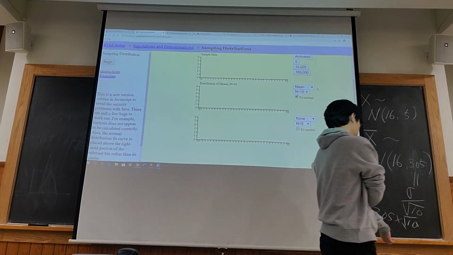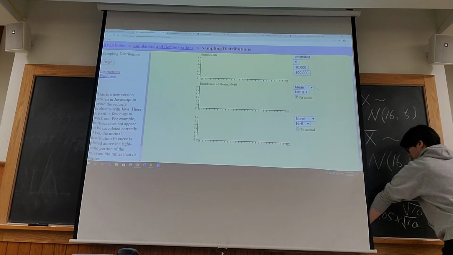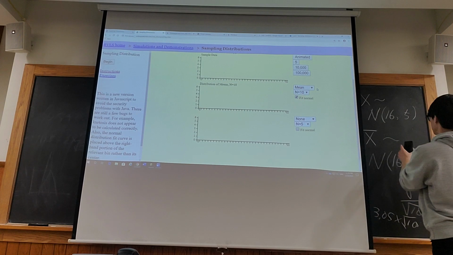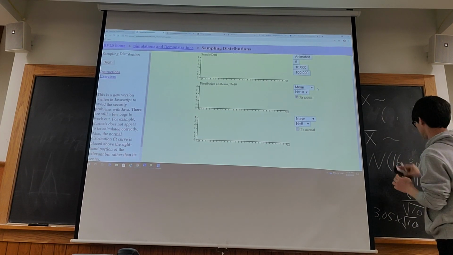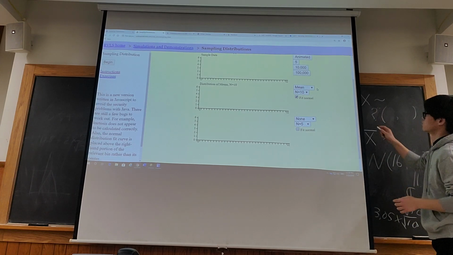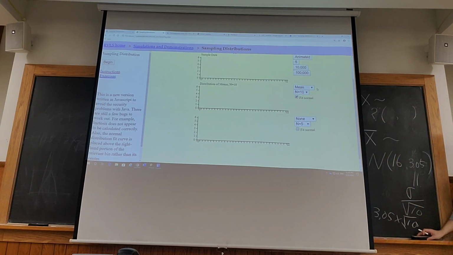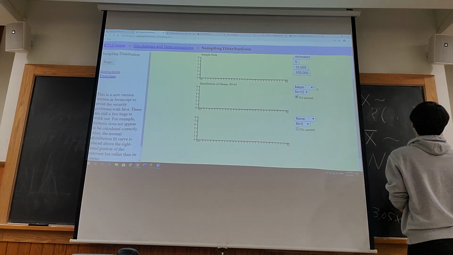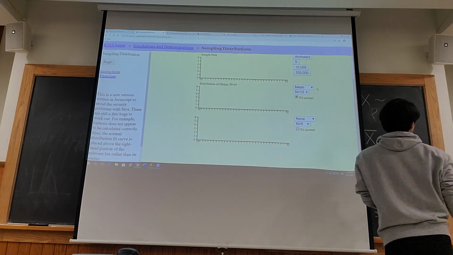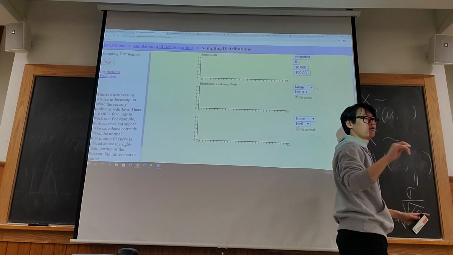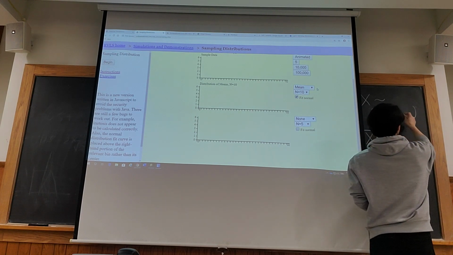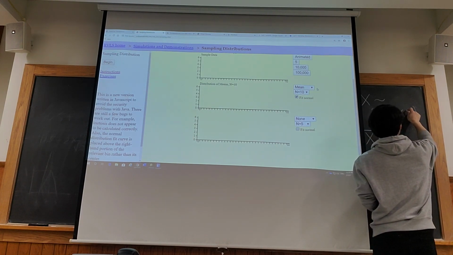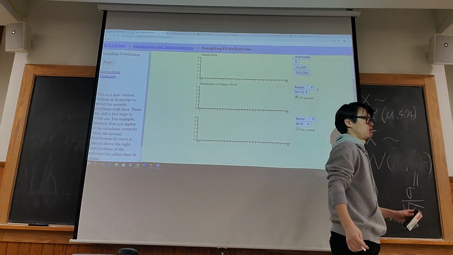We don't know what the population distribution is, right? And then we don't know about the mean, right? But I will give you one piece of information about the population standard deviation. It will be 4.74.